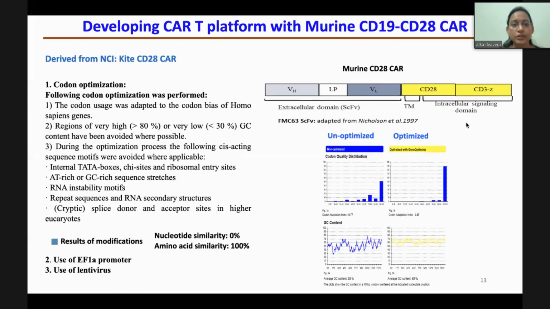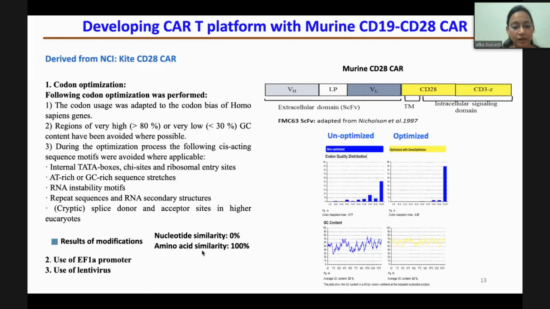Firstly, we designed a CD19 CD28 CAR, which was derived from the NCI, and we did some codon optimization to increase the surface expression. We also used a different promoter, the EF1 alpha promoter, which is a strong promoter that increased the surface expression of this protein.